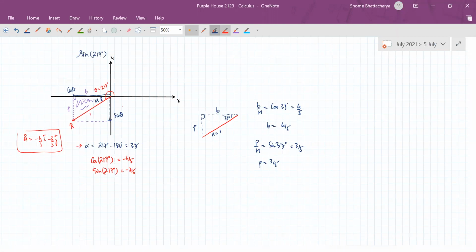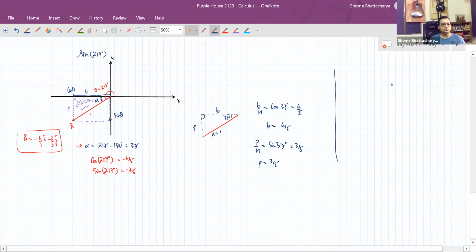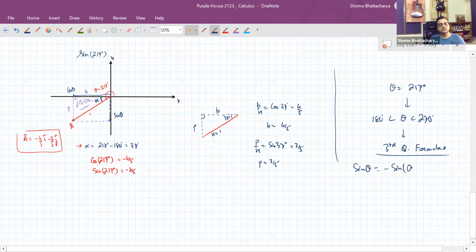Whereas if you went by the formula method, you would say theta is 217, so theta is greater than 180 and less than 270. So I have to apply the third quadrant formula. What is the formula in the third quadrant? Sine theta is minus of sine of theta minus 180 degrees, and cos theta is minus of cos of theta minus 180 degrees.